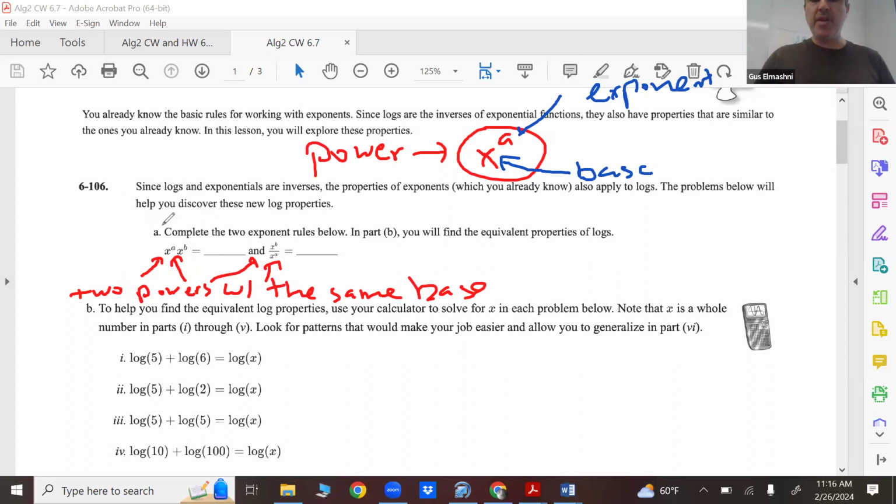So here we have x to the a times x to the b. Those are two powers of the same base. How would you combine those exponents? You say x to what power? a plus b. Yeah, you always add them. How about the other one? When you combine as one, it becomes b minus a. Very good.